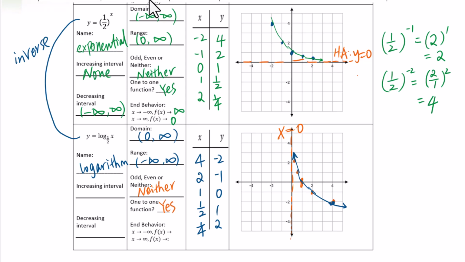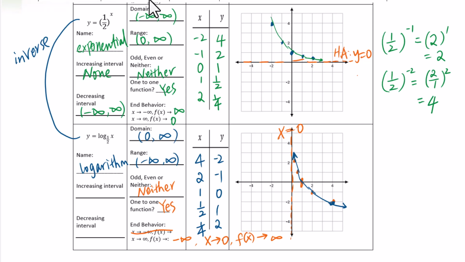Yes. As x approaches negative infinity, it cannot approach negative infinity. x approaches positive infinity, f of x approaches negative infinity. x approaches 0, f of x approaches positive infinity.